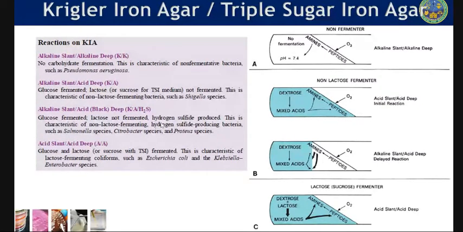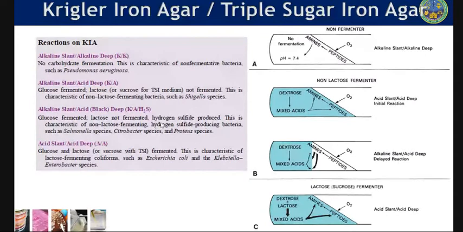Other than that, you also have glucose fermentation, and then lactose or sucrose in the TSI medium is not fermented. This is a characteristic of NLF or non-lactose fermenters. Examples are Shigella species, which have mixed acid fermentation in the butt portion.